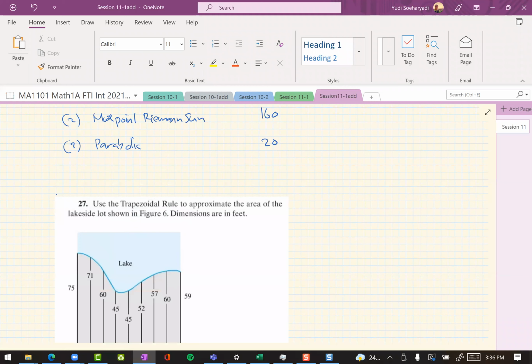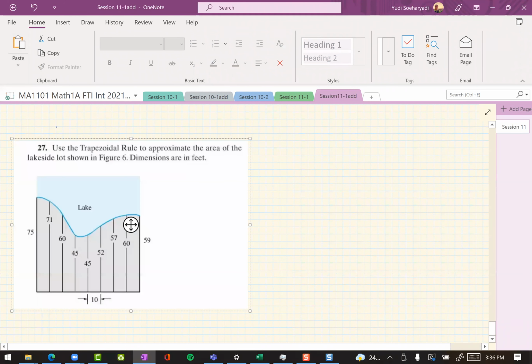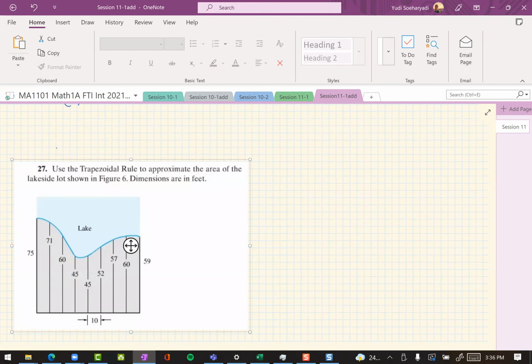Okay. Let's use the trapezoidal rule to approximate the area of, say, a lakeside.